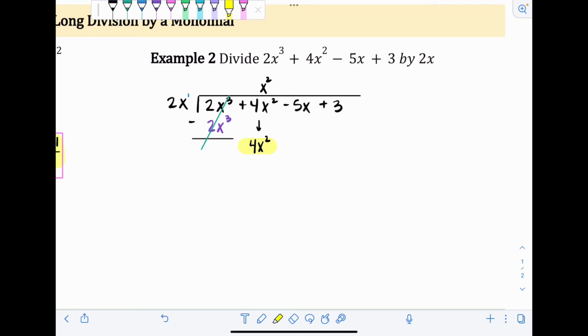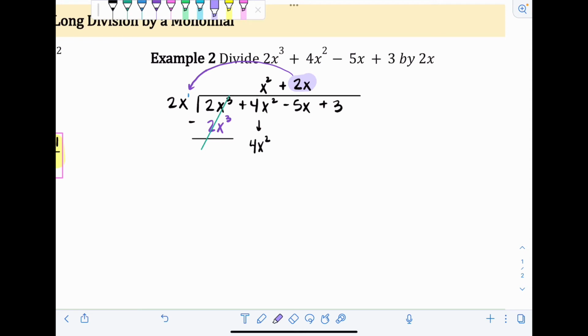So I do 4x squared divided by 2x. 4 divided by 2 is a positive 2, and then x squared divided by x leaves me with an x to the first power. I put a new term up top, and notice I'm only multiplying the new one by it.